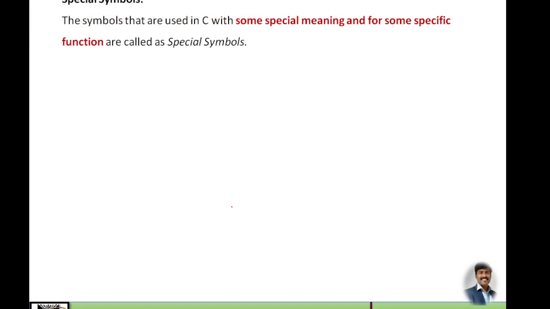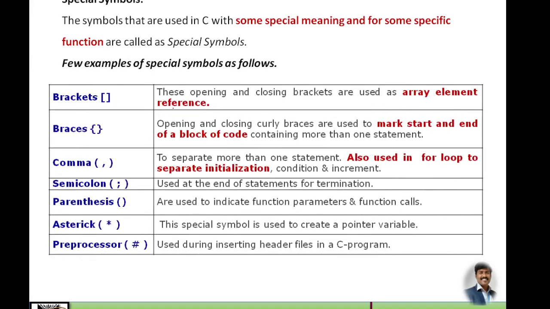Now let us look at the special symbols. Special symbols in a C program have special meanings and are used for specific functions. Let us look at a few examples. Square brackets are used for accessing array elements, and curly brackets are used to construct program blocks.